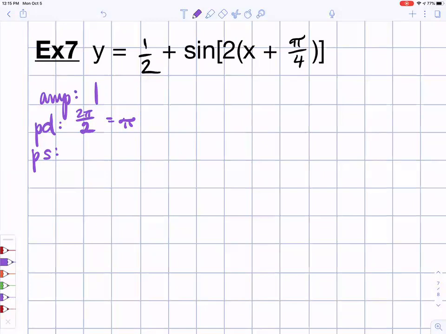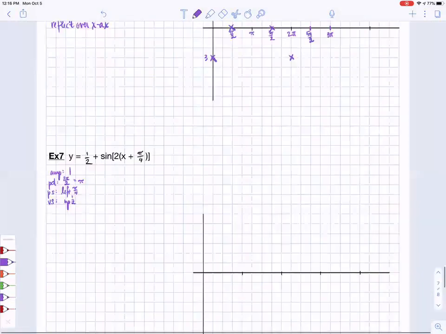To the left. How far? Pi over 4. Vertical shift. 1 half. Which direction? Up. Anything else? Any reflections? No, there's not. Okay.